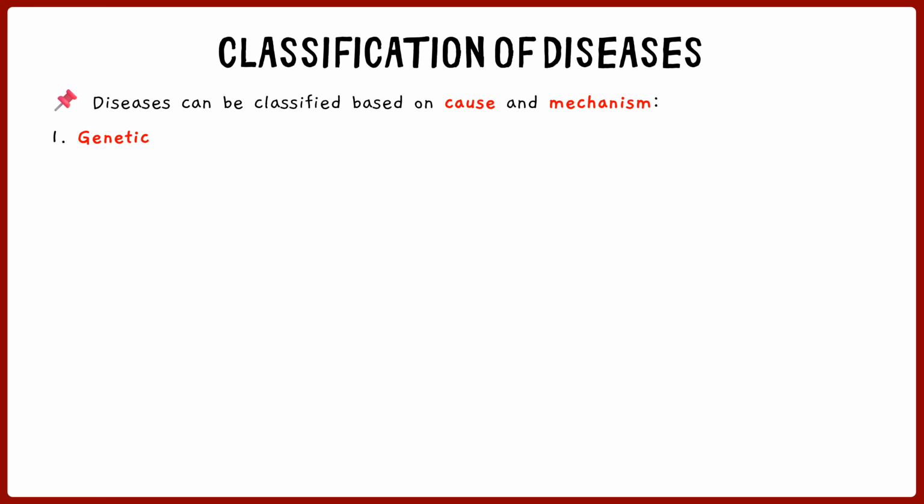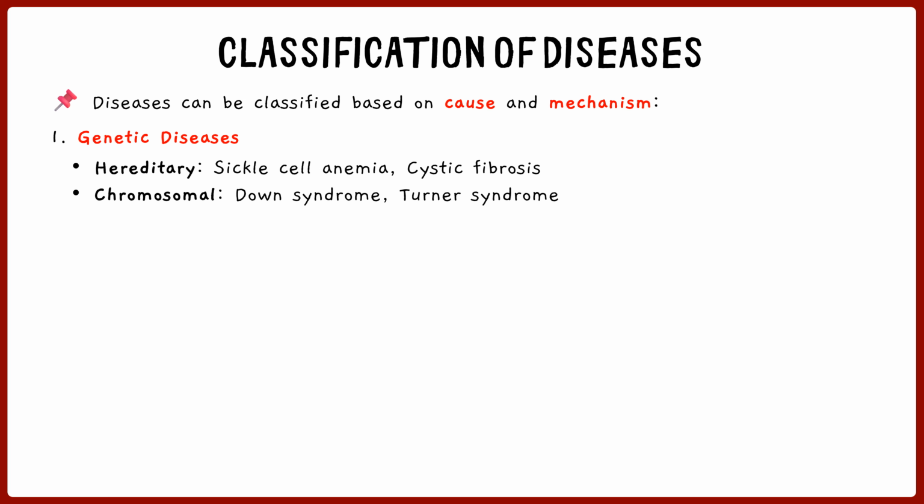All right, so next we have the classification of diseases. Diseases can come in many different forms, but they're usually broadly classified based on their cause and their mechanism. So let's go through the major categories. You have genetic disorders, which can be further divided into hereditary, like sickle cell anemia and cystic fibrosis; chromosomal, like Down syndrome and Turner syndrome; multifactorial, meaning that it's not just genetic based factors, but other factors can come into play.